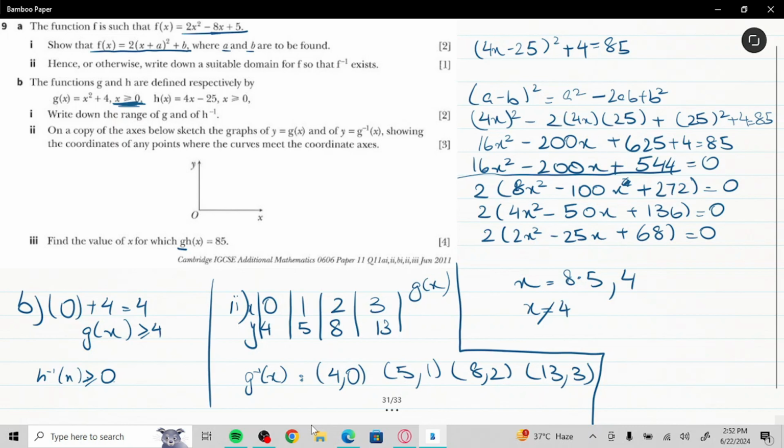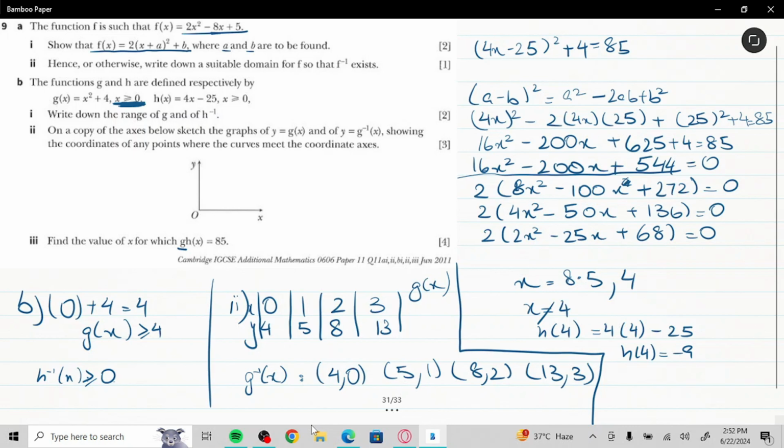If we input 4 into h, we get 4 multiplied by 4, which is 16, minus 25, and that is a negative value, specifically minus 9. So h(4) is minus 9, and what we are simply doing is inputting minus 9 into g, which does not satisfy its domain. The domain is a positive value or the value 0 itself.